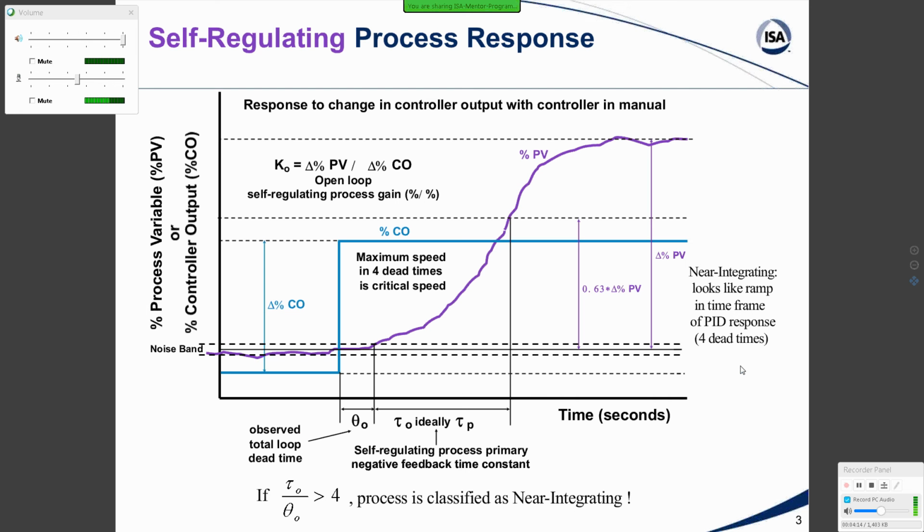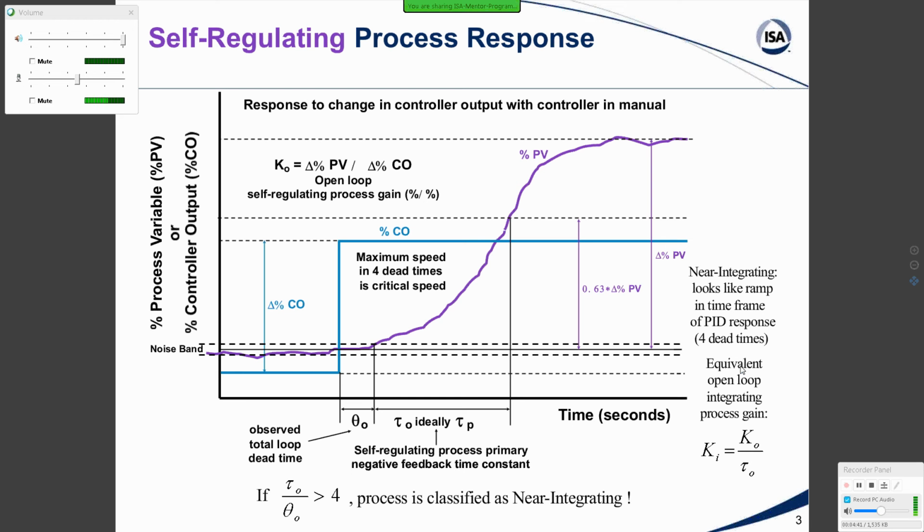So the near-integrating process looks like a ramp in the time frame of the PID response. The equivalent open loop integrating process gain is equal to what was the steady state process gain, K sub O, divided by this very large process time constant.